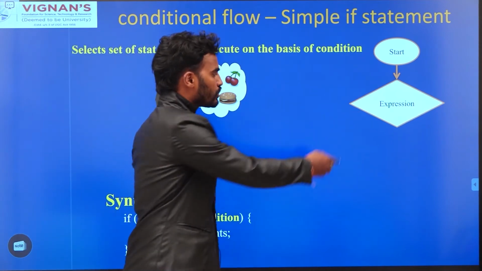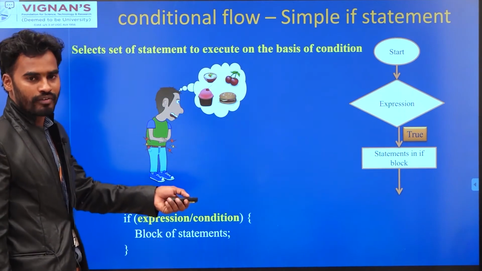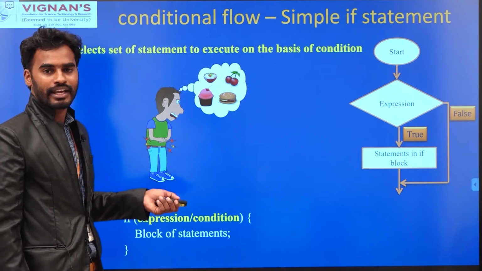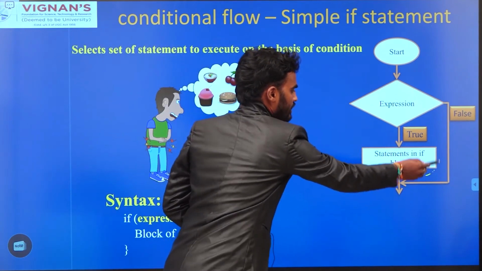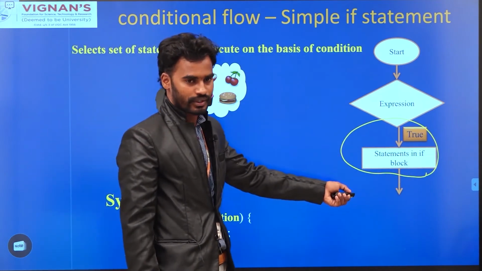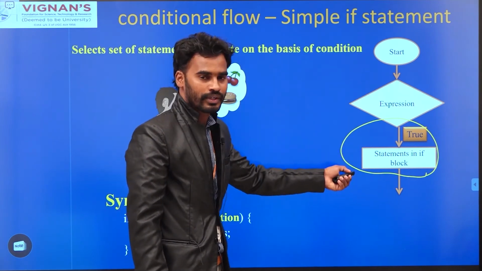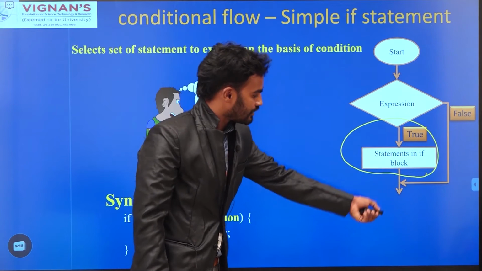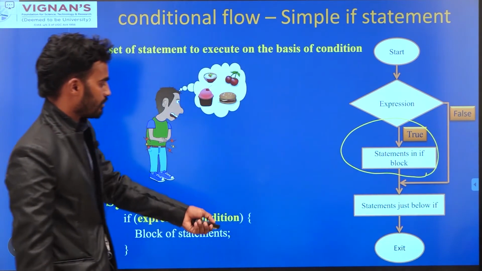If the expression becomes true, then the statements you specified in the if block will be executed. If the expression evaluates to false, this statement will not be executed, it will be skipped. The remaining statements after the if block will be executed, and then the program will exit.